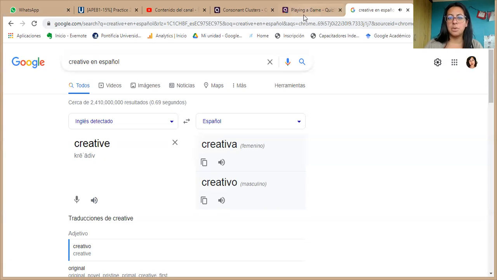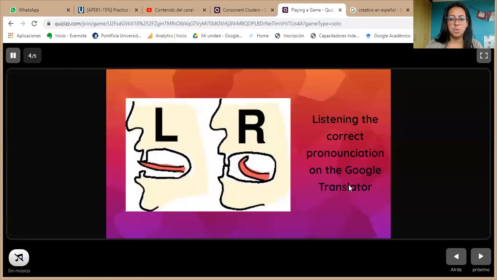I also use it for myself when I'm not sure how to pronounce something. So I think it is necessary when we work on pronunciation to have this visual reference, and also a sound reference on how the words are pronounced.